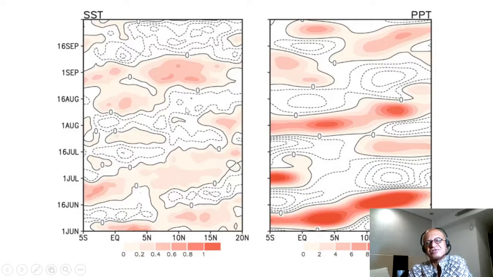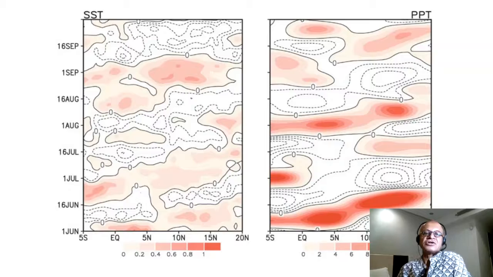But in our case here, the main point is that the ocean does play a role in organizing convection, in terms of warm SSTs during the break period leading the precipitation by 7 to 10 days.